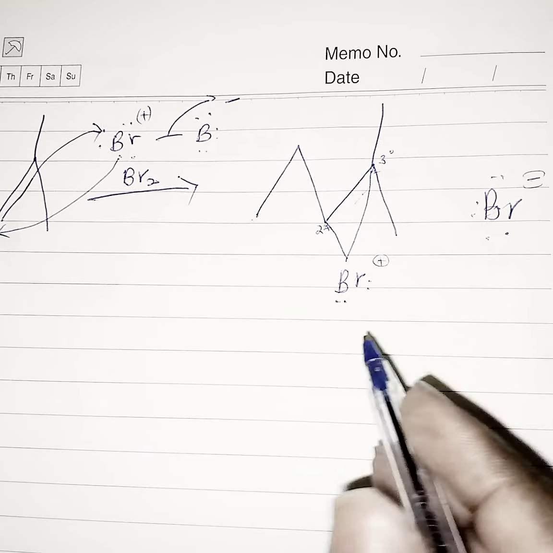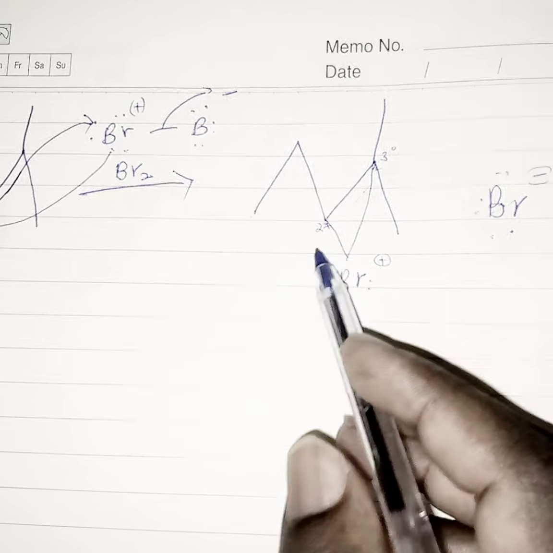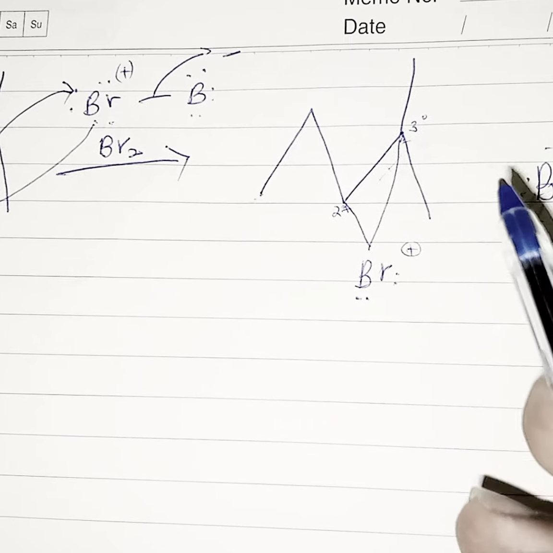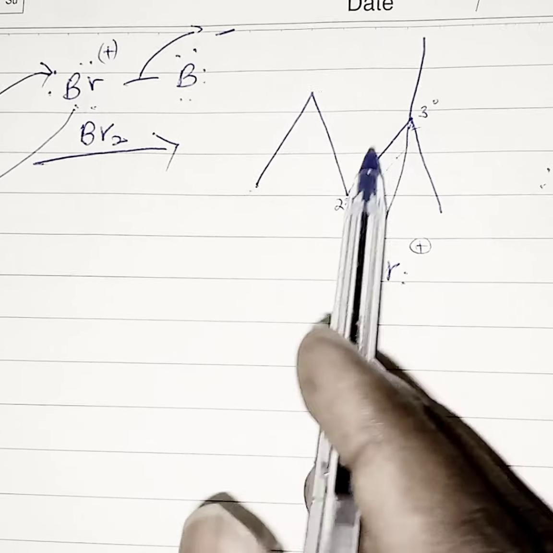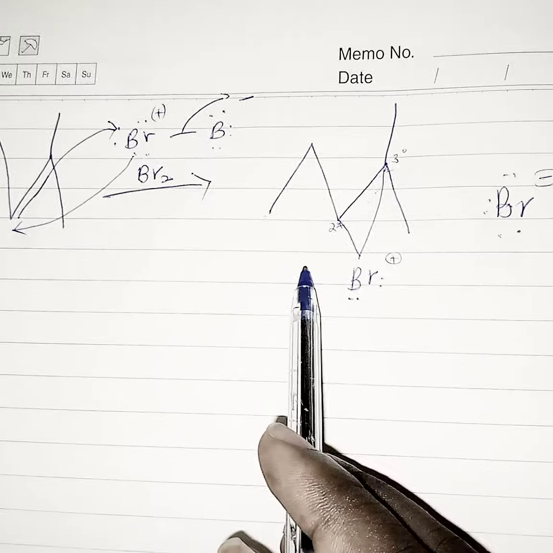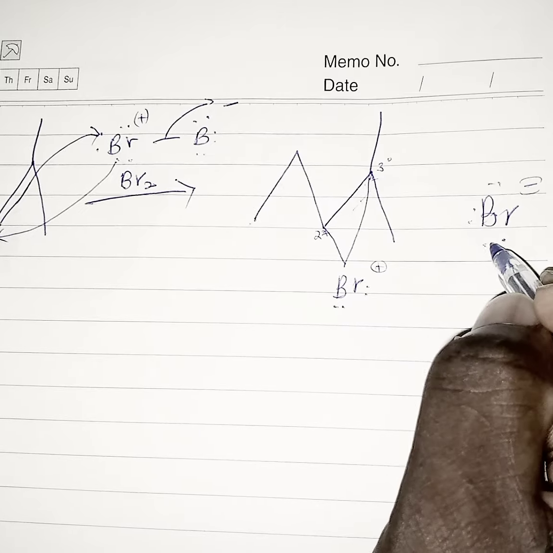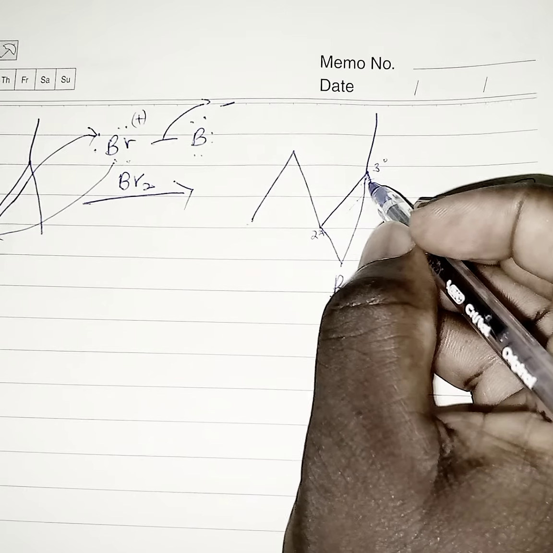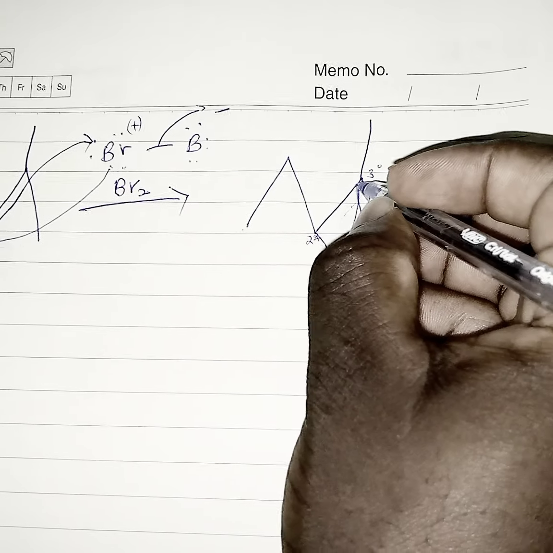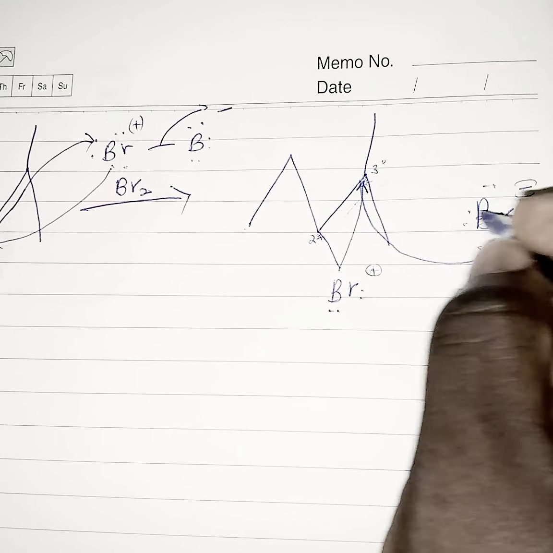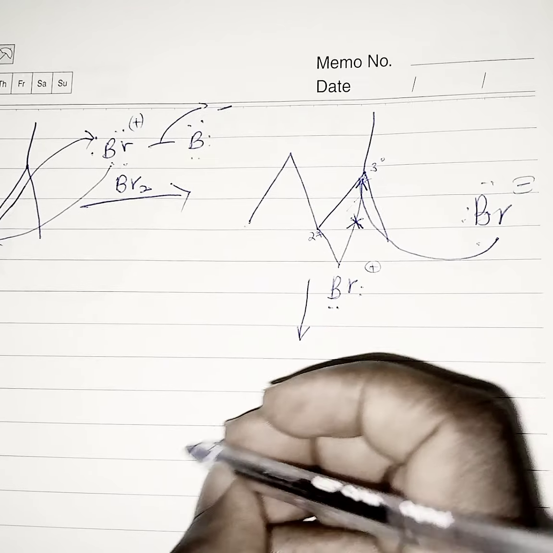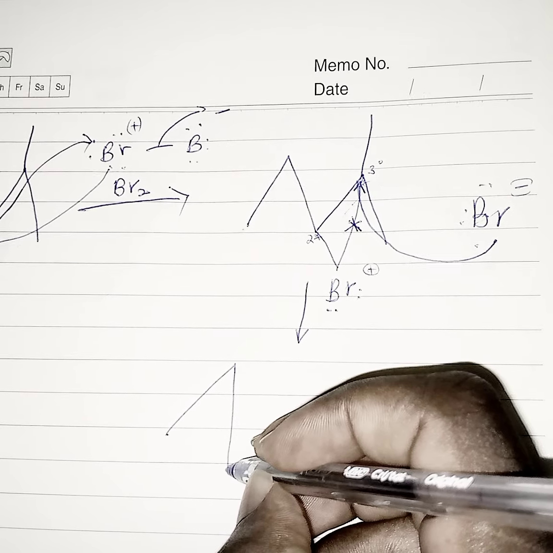So which one will this one bond to? Yeah, so tertiary carbocations are more stable than secondary carbocations. So this one actually has to come to this side. So let's bring this one like this. So immediately this one comes, it will render this bond to break. So form a compound like this.